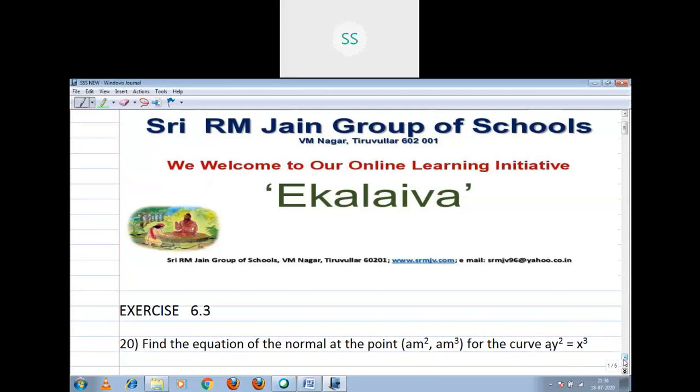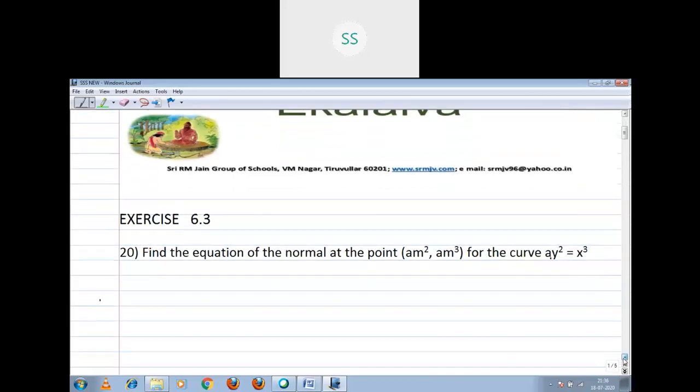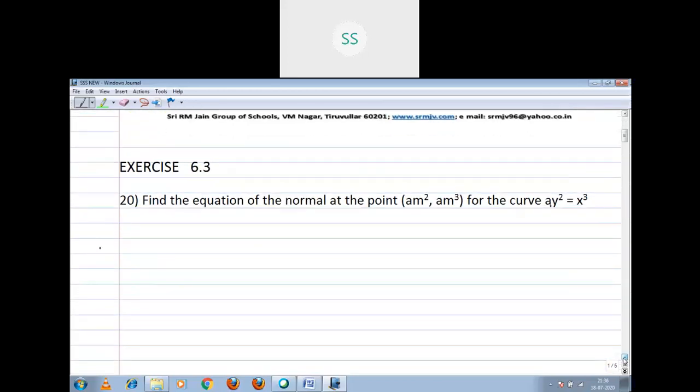Here the curve equation is given, you want to differentiate. What do you want to do first? Yeah, very good, you want to differentiate. Solution. The given curve equation is ay² = x³.